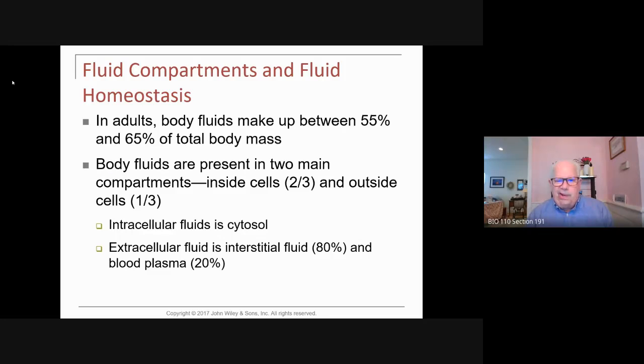And the extracellular fluid is basically the fluid that is in between cells, otherwise known as interstitial fluid, which is 80% of the extracellular compartment, and 20% is in your blood plasma. You'll learn that in the blood system.